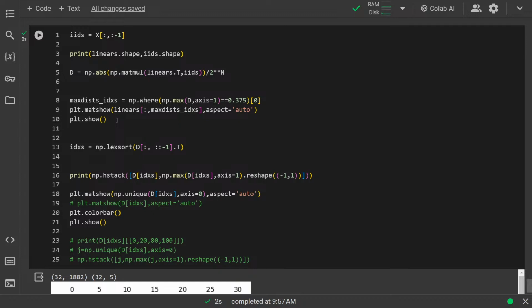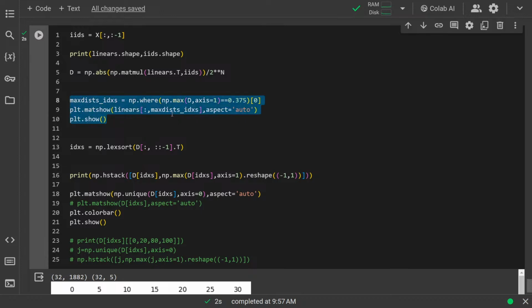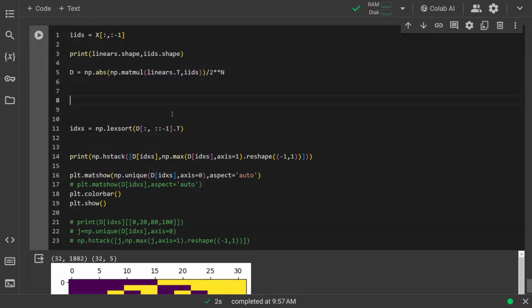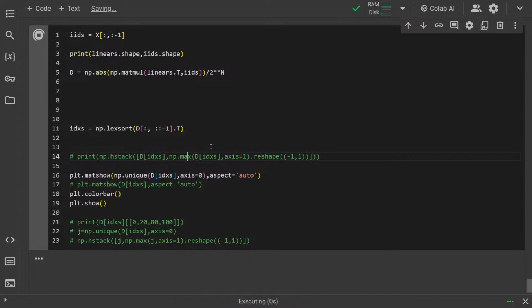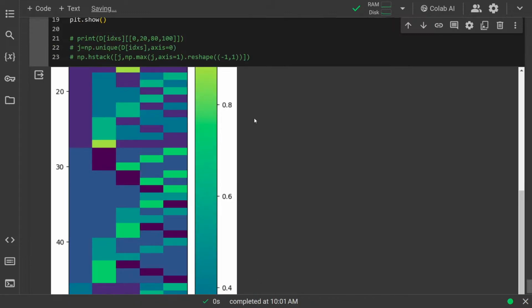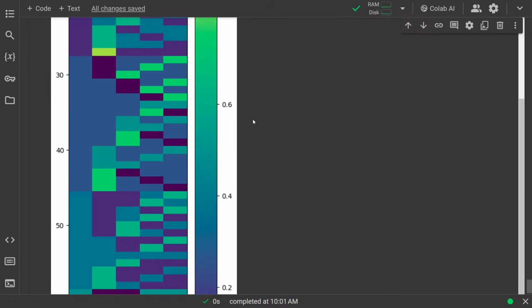Although I just realized I'm sorting, and now I'm confused about the order of sorting, so I'm going to do this in its own cell. That'll be weird if that drastically changes everything. I don't feel like it would. One, two, three, four, five. Okay.